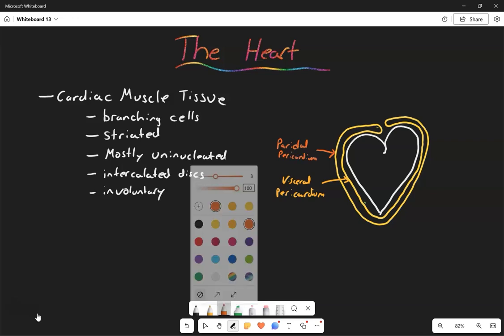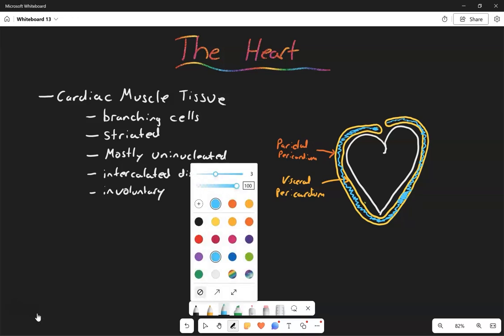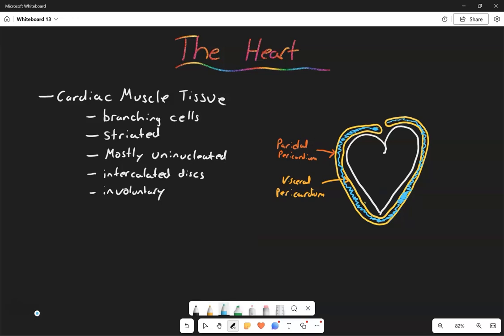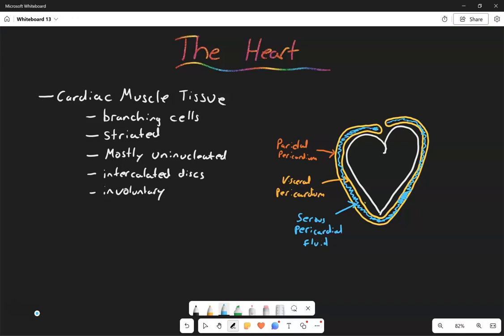Remember, that's a serous membrane, double-layered membrane, so it is filled with fluid. Like so. And that fluid is known as serous fluid, or what we call pericardial fluid. Okay. So you have pericardial fluid.